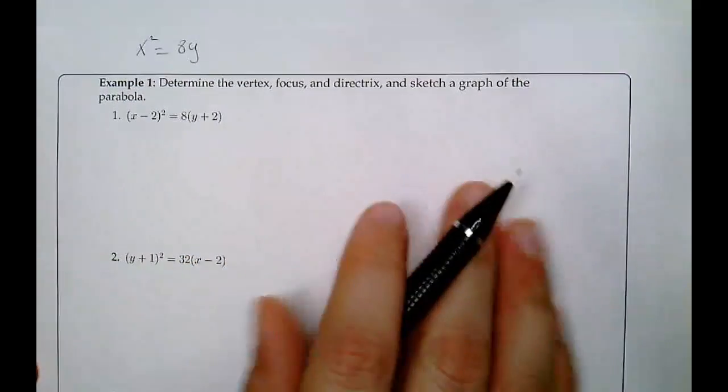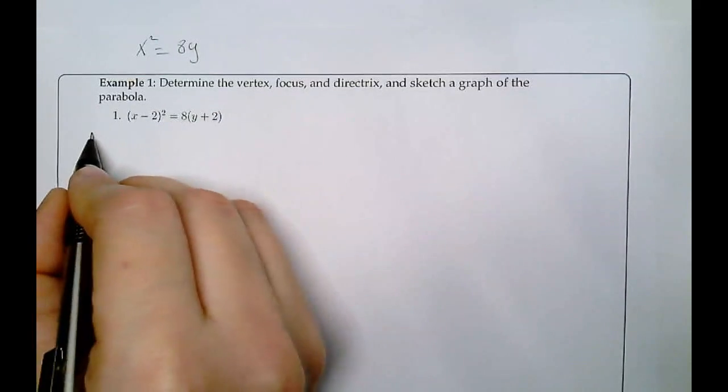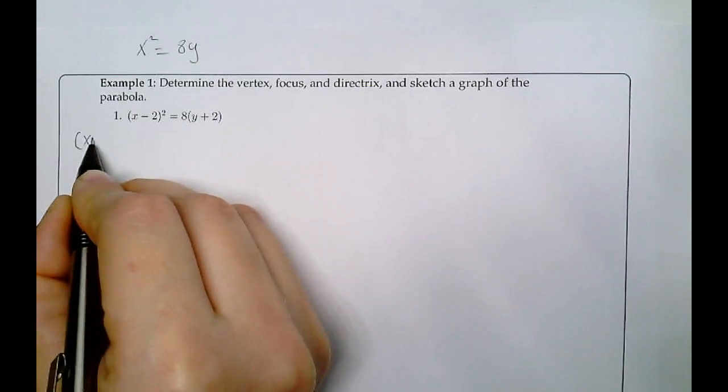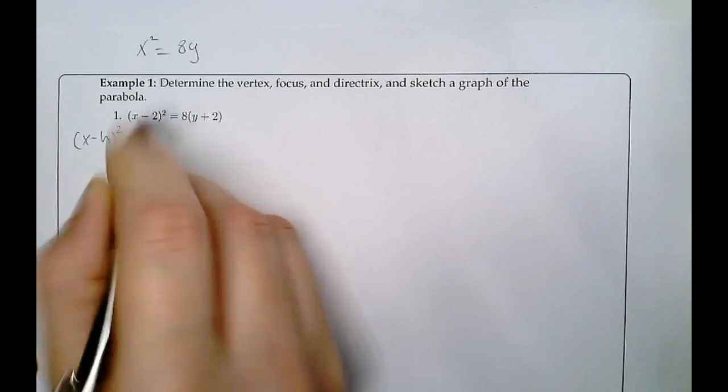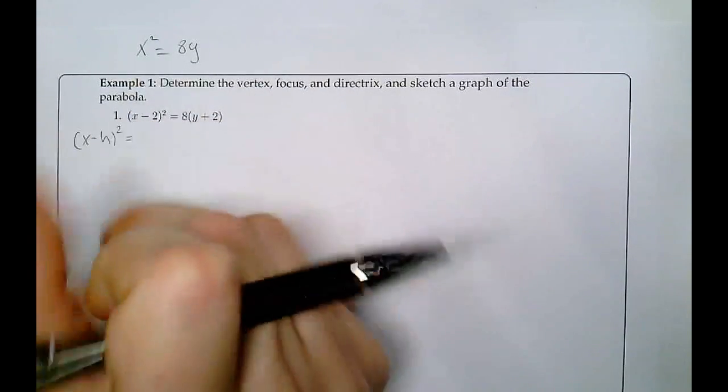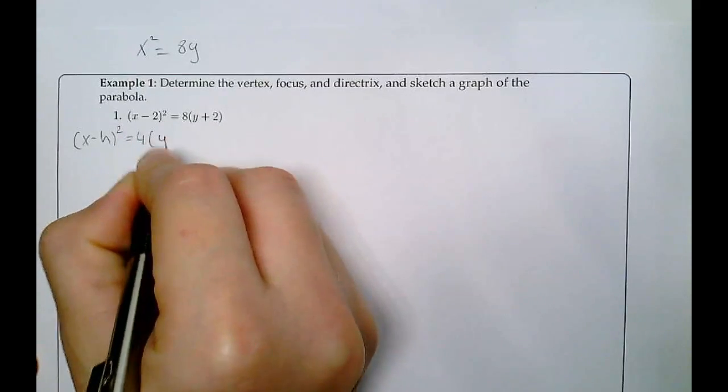All right, so let's see this. So in general, the equation is going to be x minus h squared equals 4p times y minus k.